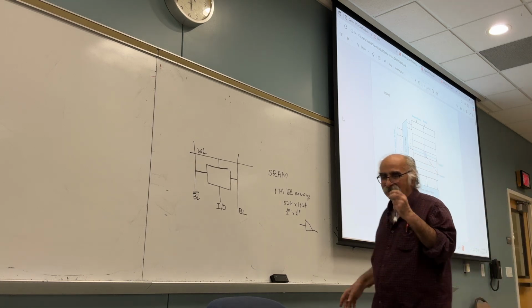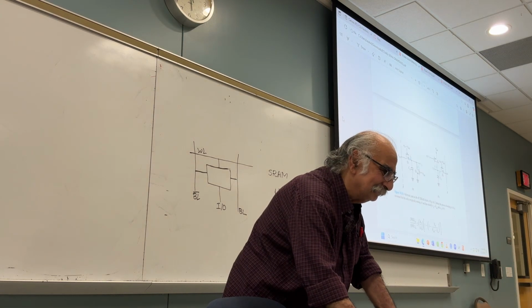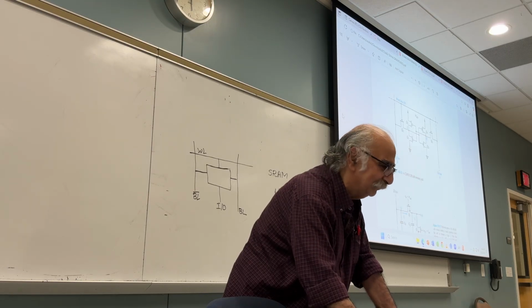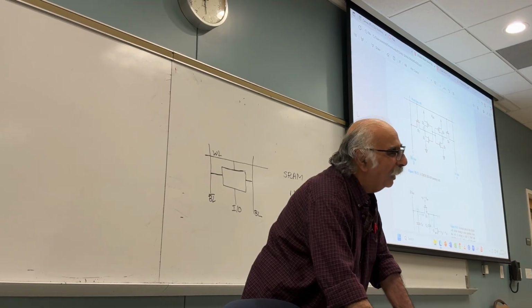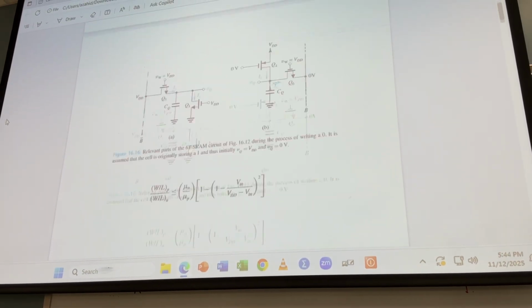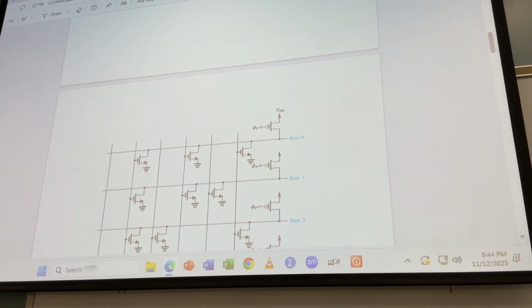So let's understand how the sensor works. We went over on Monday how we can write, how we can read, how we size the transistors, and so on and so forth. And remember, by the way, for the reading, I don't want it to be destructive. When I read something, I want the content of the memory to remain the same.